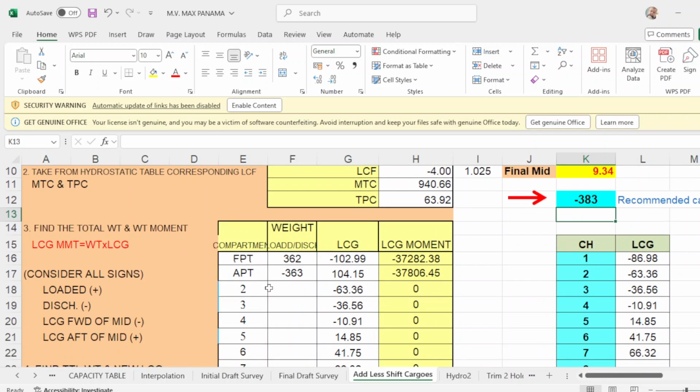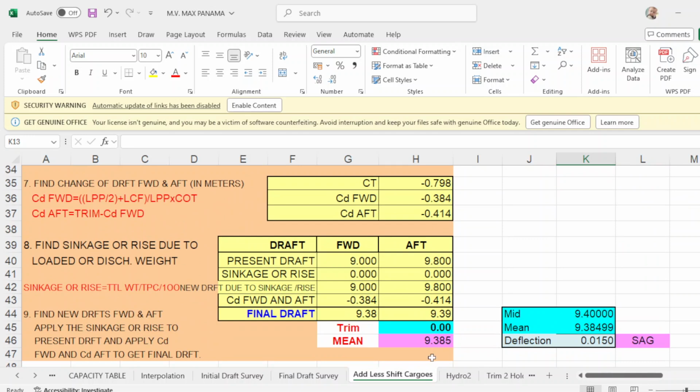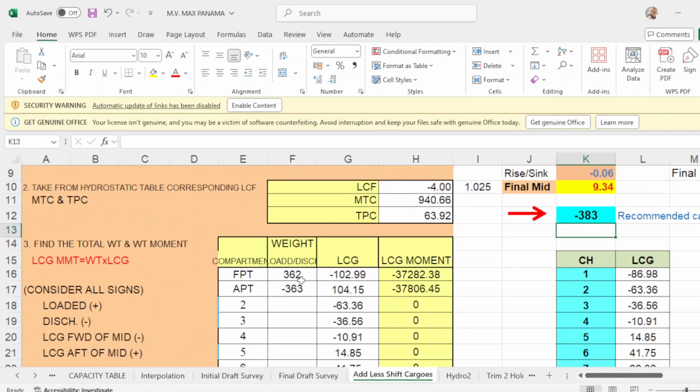If we take out 363 in after peak and put 363, shift the ballast to fore peak of 362, your drop would be forward 9.38, and aft 9.39, and your mean will be 9.39. Okay, say, take out this one first.